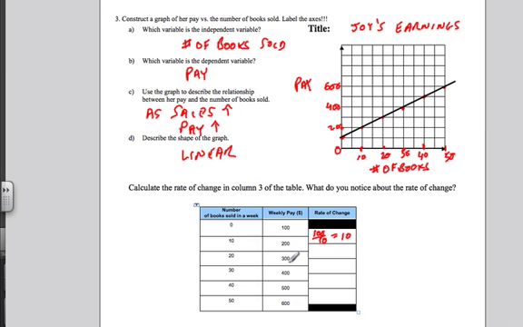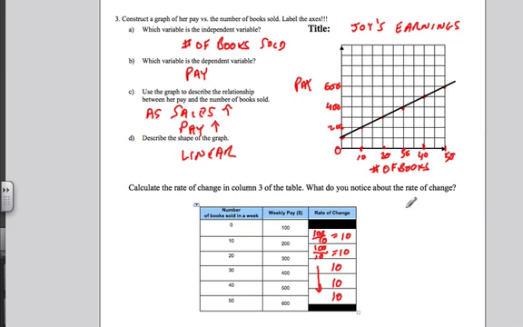Going from 200 to 300 is an increase of 100 over 20 minus 10, going from 10 to 20 is an increase of 10. And in every case, we're going to get a rate of change of 100 over 10. So we get the same rate of change in each one.